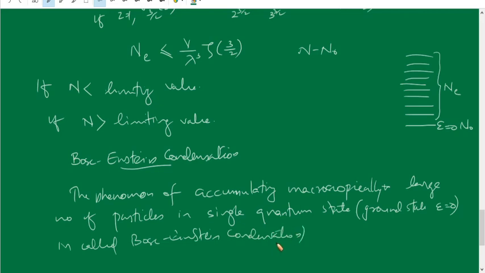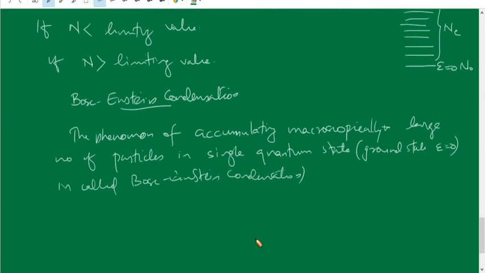Okay, so in the Bose-Einstein condensation, the excited state particle number will have a limiting value, which is decided by the previous quantity.